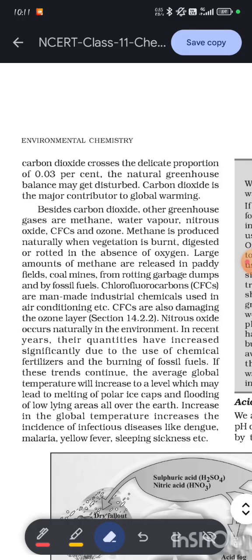If these trends continue, the average global temperature will increase to a level which may lead to melting of polar ice caps and flooding of low-lying areas all over the earth. Increase in the global temperature increases the incidence of infectious diseases like dengue, malaria, yellow fever, sleeping sickness, etc.